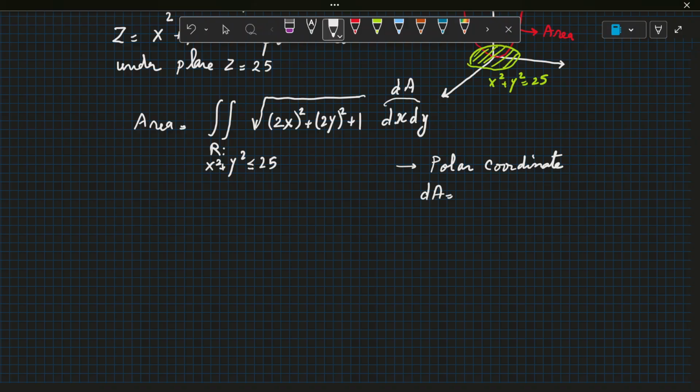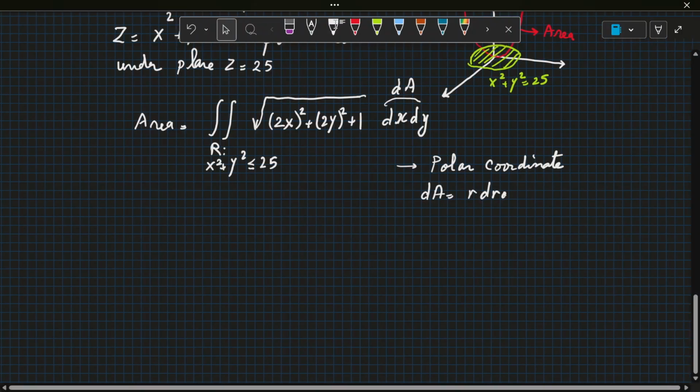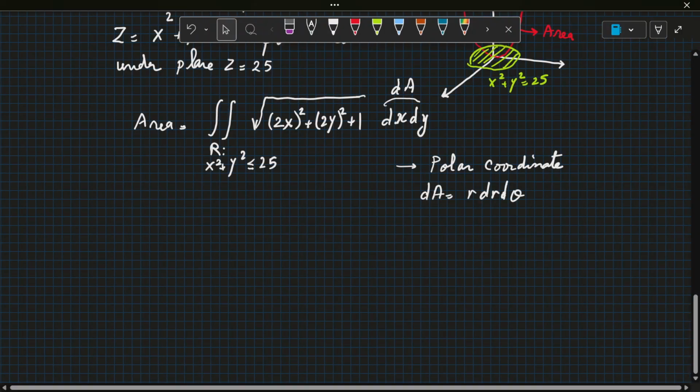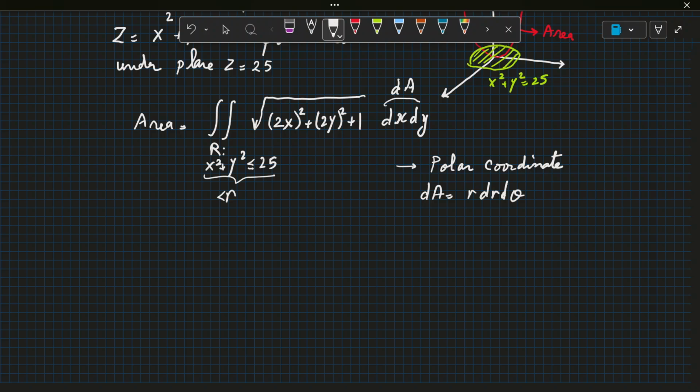Our dA was, of course, r dr d theta. What is the description of the region? Of course, r is ranging from 0 to 5, and theta is going full circle to 2 pi.